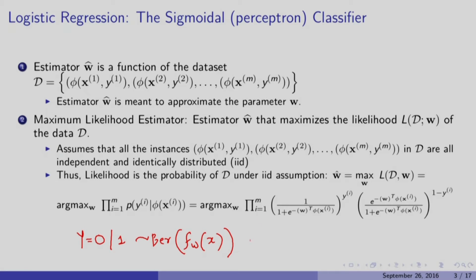So as before, we look at the likelihood as the product over all examples, which are assumed to be independent and identically distributed, of the probability of seeing a head, that is f_w(x), and this is instantiated if you actually find a head, that is 1, times 1 minus the probability of tails, and this gets instantiated if you actually find a tail.